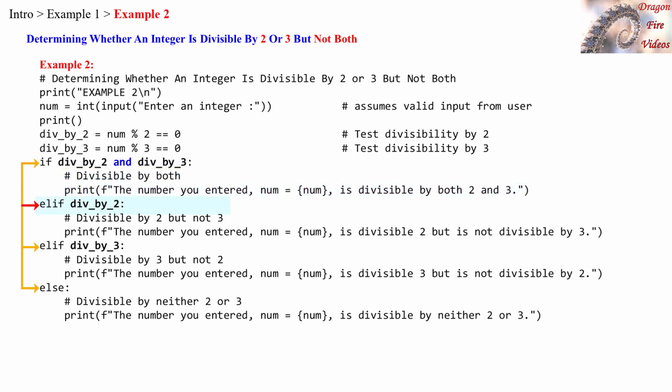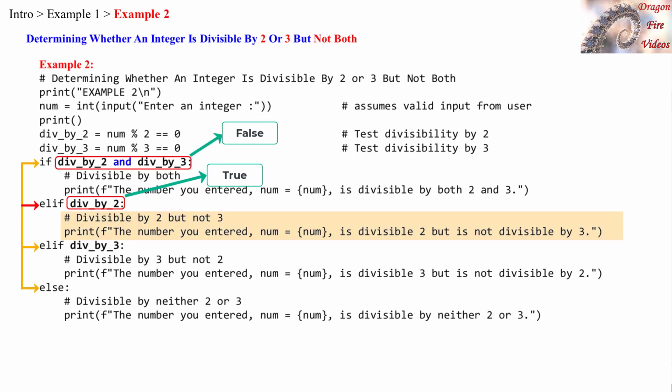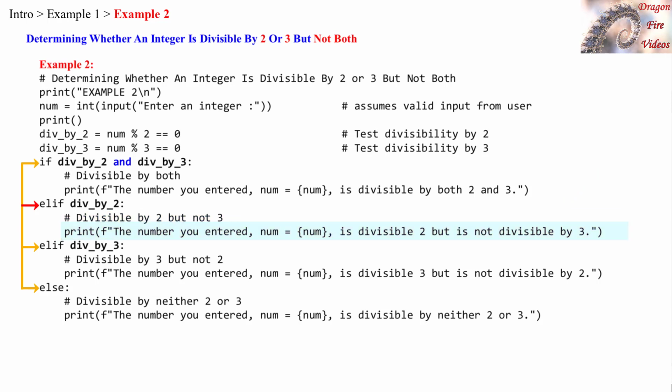Else, we look if it's divisible by 2. What this means is we already checked that it was not divisible by both. In terms of our coding logic, once we enter this block, namely this div by 2 is true, what do we know logically? Well, we know it's divisible by 2, but not 3, because it can't be divisible by both. Otherwise, it would not have made it into here. And that's, of course, what we print out.